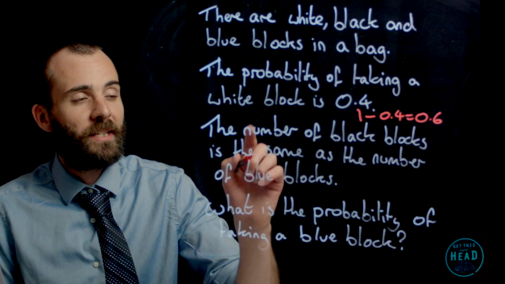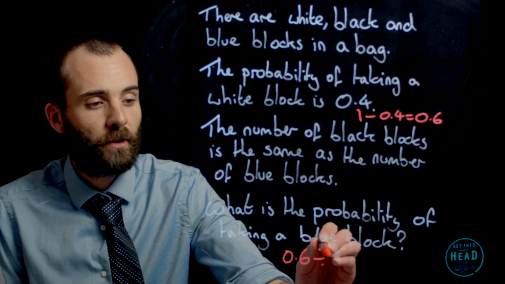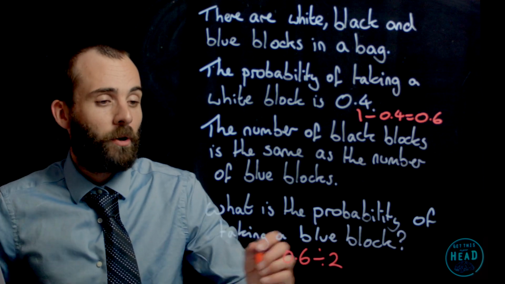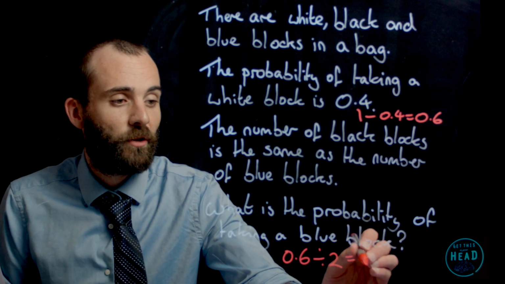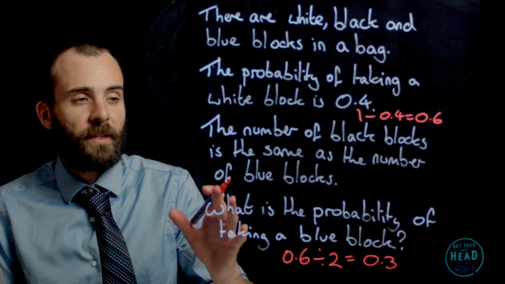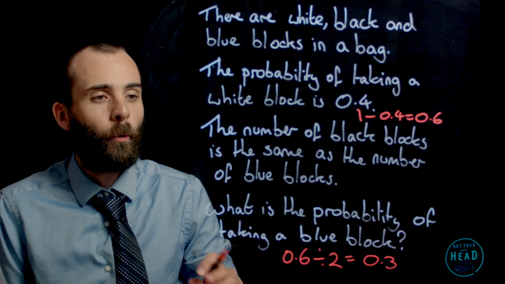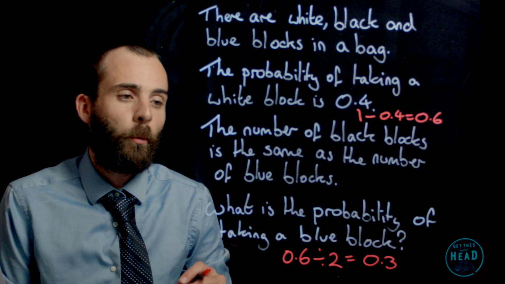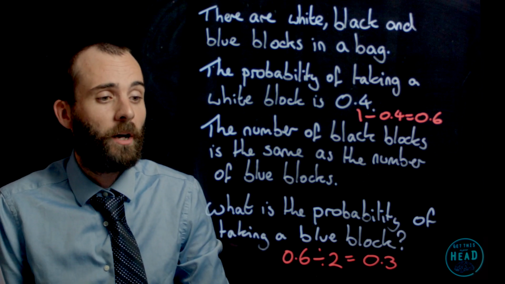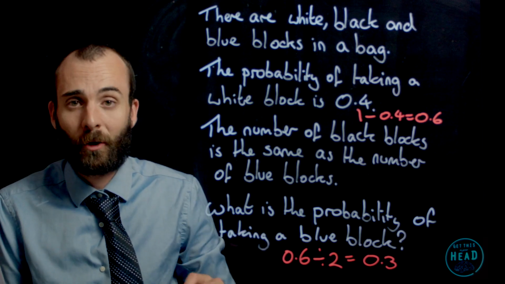All we have to do then is divide 0.6 by 2, separating it out into the blue and the black blocks, and that gives us an answer of 0.3. So it's 0.4 probability of taking a white block, 0.3 of taking a blue, and 0.3 of taking a black, and that does add up to 1, so that works perfectly fine. 0.3 there, that's our second mark for getting the correct answer.